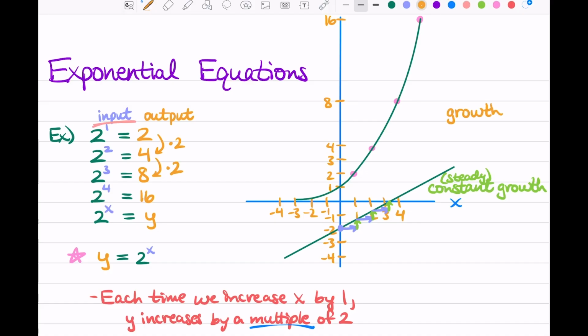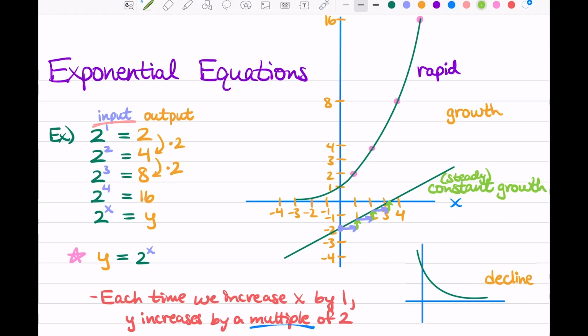We can also have an exponential curve where the y values get smaller and smaller. And we'd refer to this case as exponential decline. When we talk about exponential curves, a common word you'll hear is rapid. Exponential curves grow or decline rapidly, as opposed to our line, which is going to have steady, constant growth.